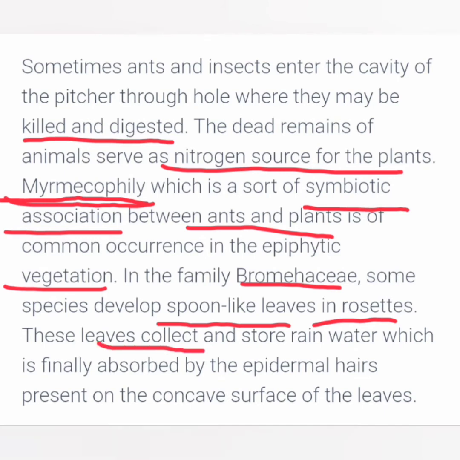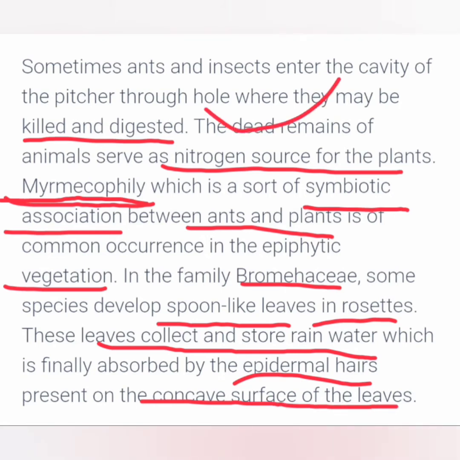This is in order to collect and store the rainwater, which is finally absorbed by the epidermal hairs present on the concave surface of the leaves. Just like a spoon. So in this concave surface area of the leaf, they collect the rainwater, which is then absorbed by the epidermal hairs present on this leaf.